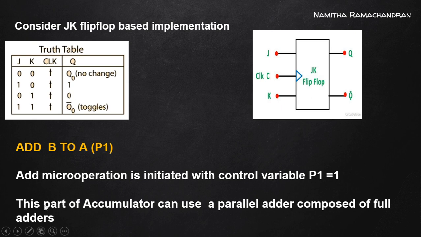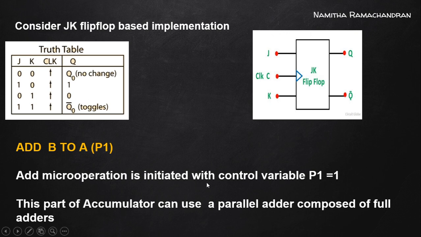So our first micro operation is an addition. Add the content of register B with the accumulator register content, and the result is placed back into the accumulator register. This add micro operation is controlled with the help of a control variable P1, right, which is represented in our function table.